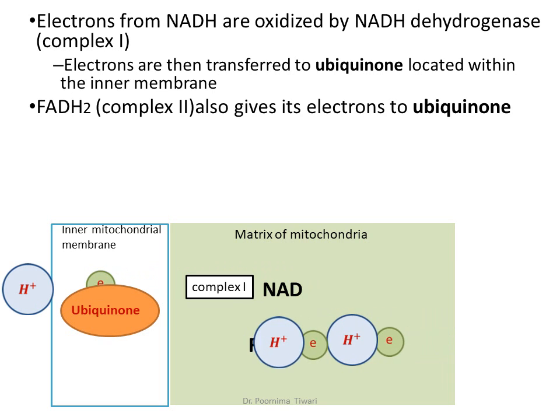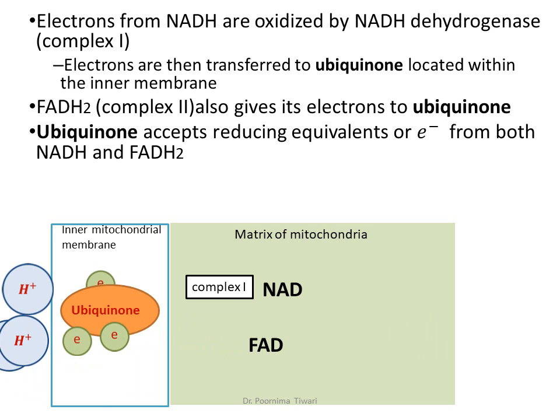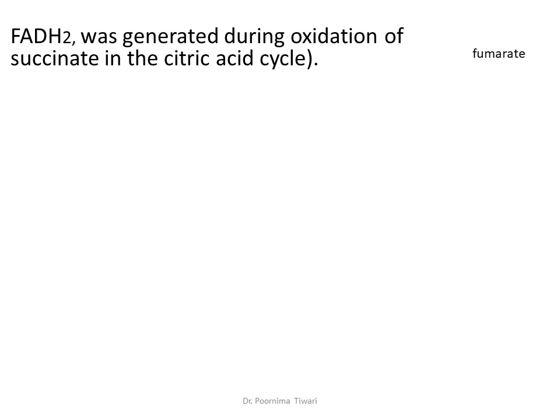So ubiquinone receives H atoms from both NADH via complex 1 and directly from FADH2. NADH gave its electrons to complex 1, which gave them to ubiquinone, and FADH2 gives them directly to ubiquinone.